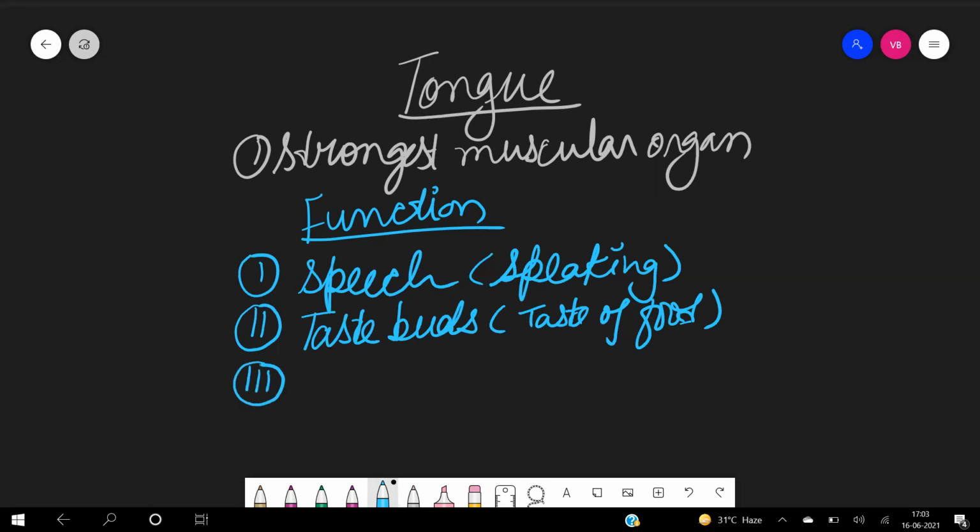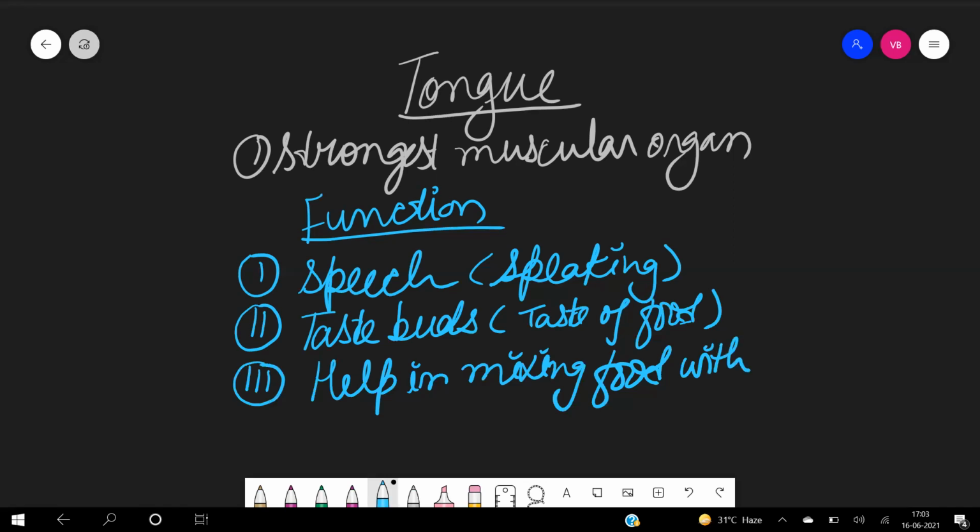The third important function, it helps in mixing food with the saliva. Now, what is saliva? Let us see.